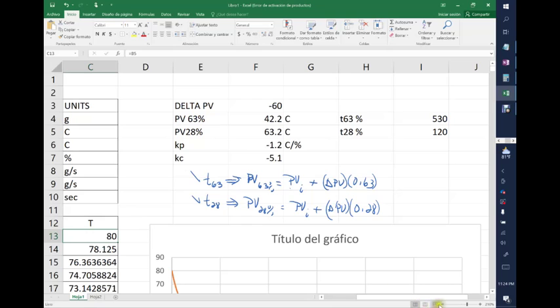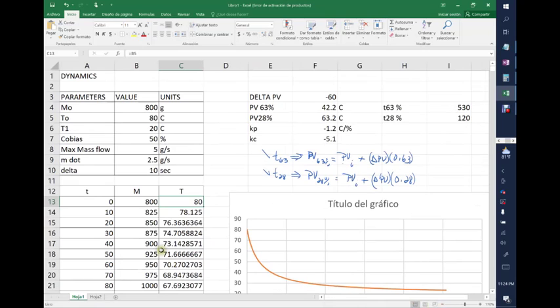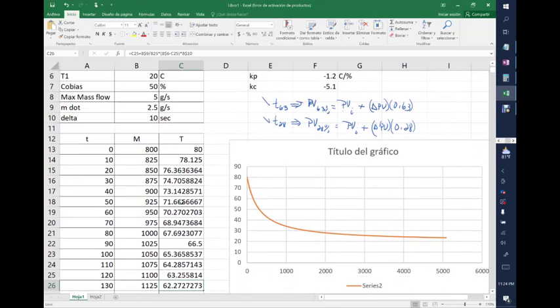Let me reduce this so that I can see more. We're looking for 63.2. This will be 63.3, 63.2. That's the closest value. Somehow you can start to look for interpolation, but at this point it's not worth it.